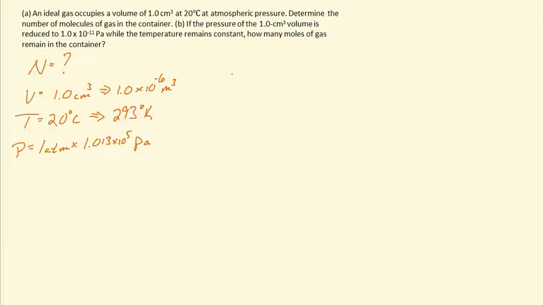So if we use the equation PV equals nRT, we can rearrange this equation to solve for our moles. And then once we have our moles, figure out our number of molecules. So when we rearrange our equation, we see our equation will be PV divided by RT.